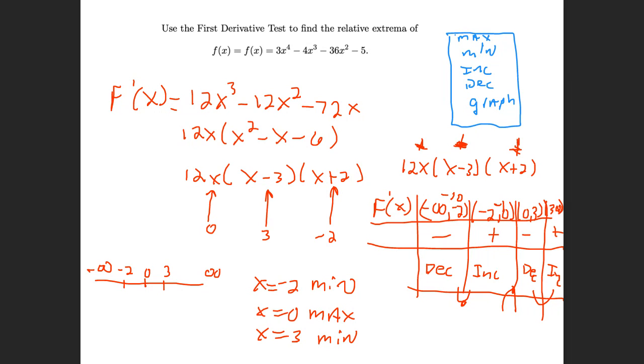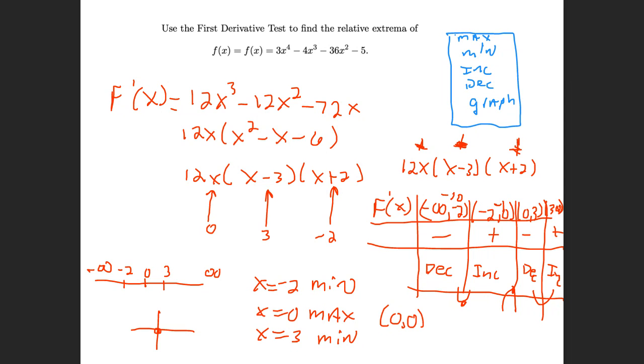So now, I could graph this out, but I'm not going to because I don't want to have to plug negative 2 in here and come up with a value. The only one I could come up with real quick is 0, 0. That one is easy to put 0 in there, but the other ones are a little too tough for me, so I'm just going to leave it. But if I knew this graph, I know 0, 0 is a maximum.